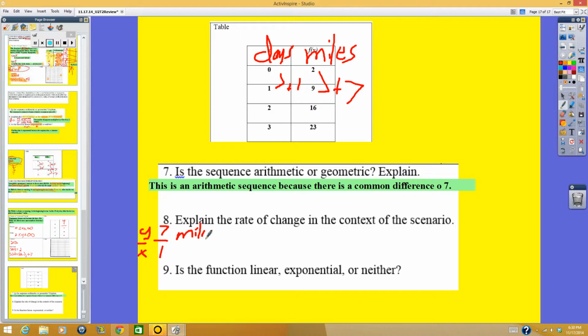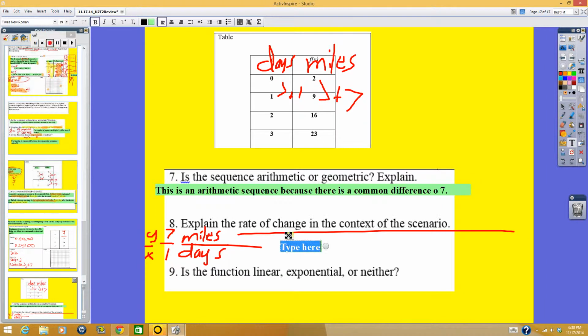Miles over days. And just like the last problem, explaining the context of the scenario. Alright. Mr. Hailu runs another 7 miles each day. That's it. That is me explaining this rate of change.